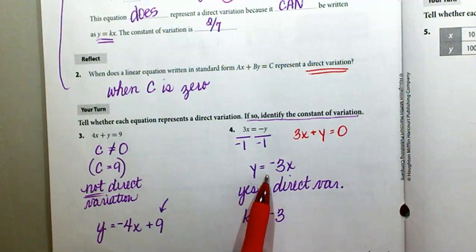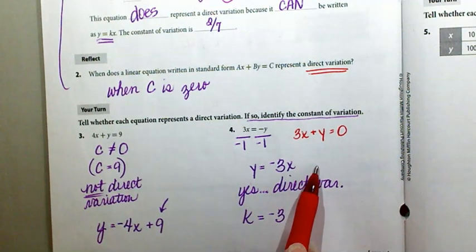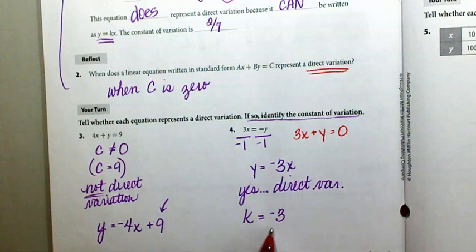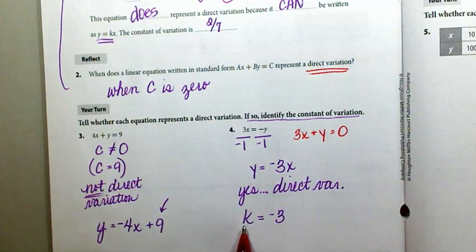When I rearrange it to solve for y, I just get negative 3x plus nothing, so it's going to run through the origin. Yes, this one's direct variation. Constant of variation is negative 3. If I asked, what's the slope of this line? You say negative 3, because the constant of variation is basically your slope, just in disguise. They're calling it by a different letter for whatever reason.